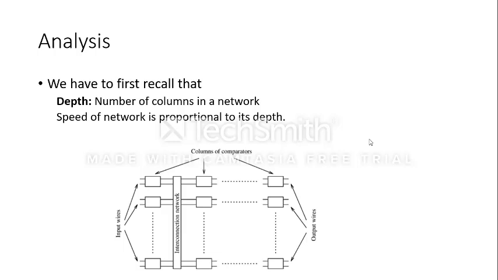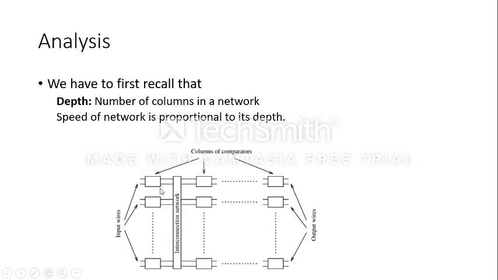Before analyzing the computational complexity of this algorithm, let us recall that in the earlier videos I have explained that a particular sorting network has a number of columns, and the number of those columns is significant because it determines the depth of the network, or the speed of the network.